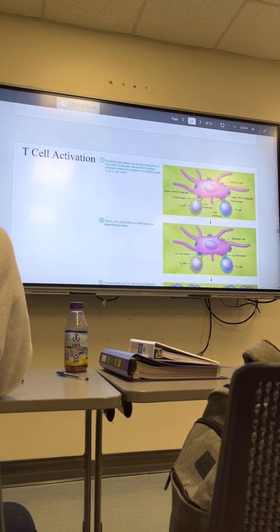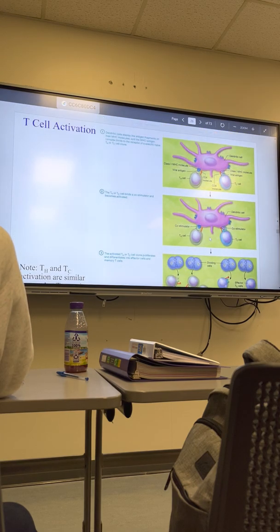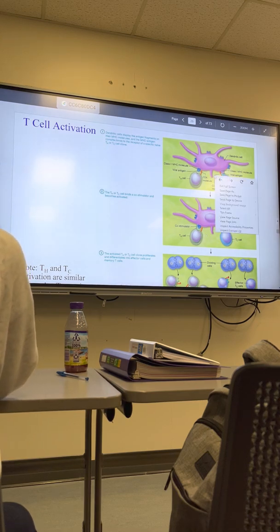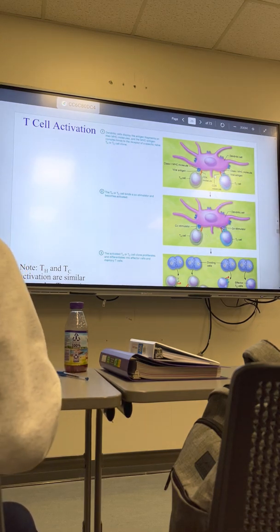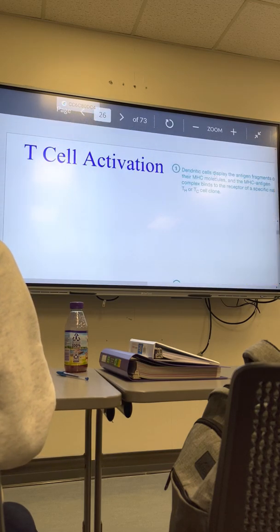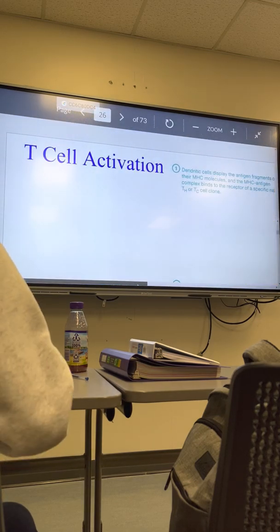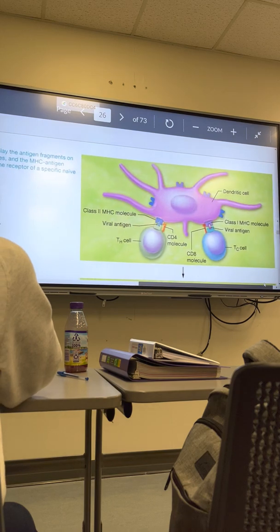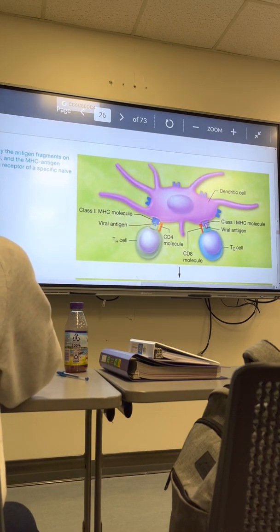Let me just pull up this picture here because I like this picture. This is showing one of those important antigen presenting cells that we talked about.